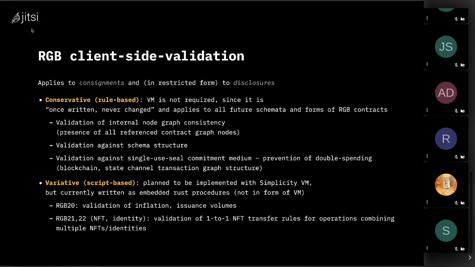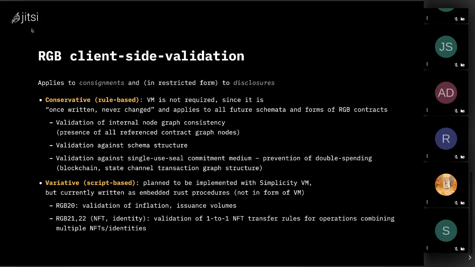Then there is validation against schema structure. We take the schema and validate that the contract history matches the schema rules. It's not schema specific because the schema is already encoded in a certain format. It can be validated across any existing or any future schema, because we just check that the contract history matches the format defined by the schema.